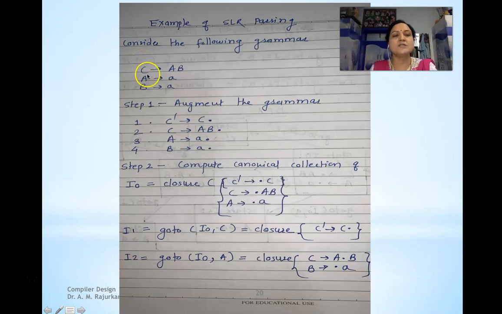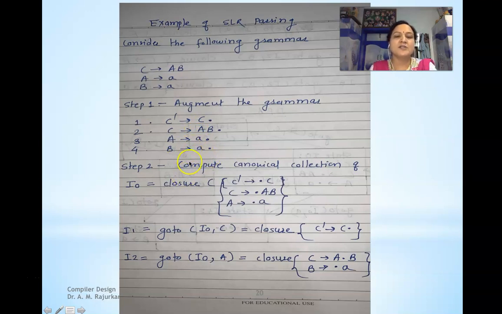C is the start symbol, so we add one more production, C' tends to dot C. All other productions are as they are: C tends to dot AB, A tends to dot a, and B tends to dot a. So this is the augmentation. When these dots reach the end, the parsing will be complete. In the beginning, the dots will be before C, A, B, a and a.